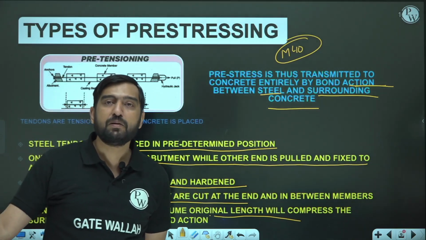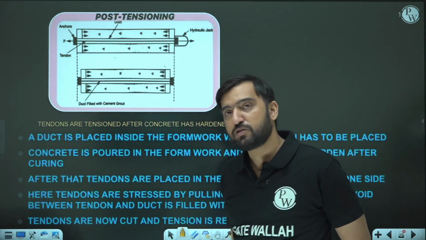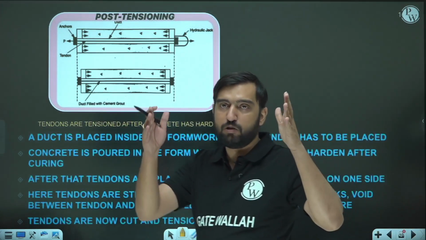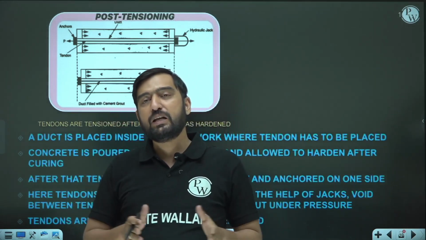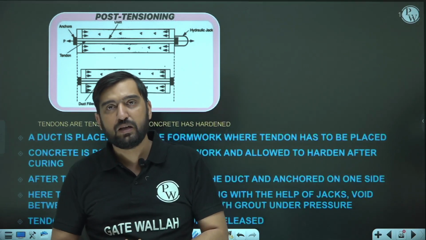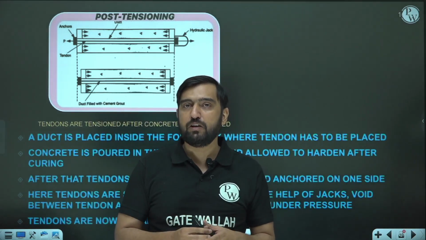Now what happened in post-tension pre-stressed concrete? In post-tension pre-stressed concrete, first of all, you are going to keep a duct and you will cast your concrete. So while casting the concrete, you can keep the duct inside in the desired shape. And after casting of concrete, what you are going to do?